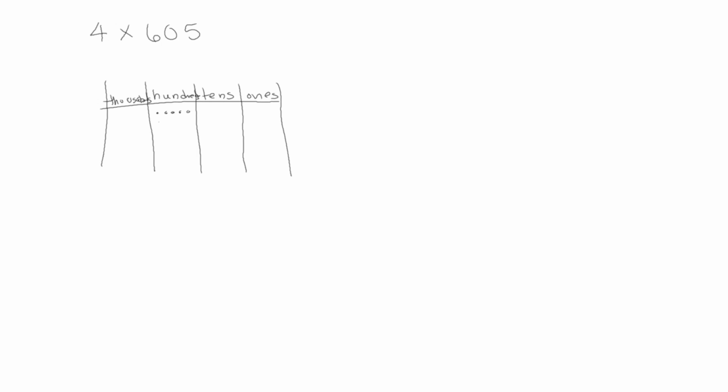4 times 605. Again, we're going to do a place value chart. And we're going to show our larger factor, which is 605, as 6 hundreds and 5 ones.